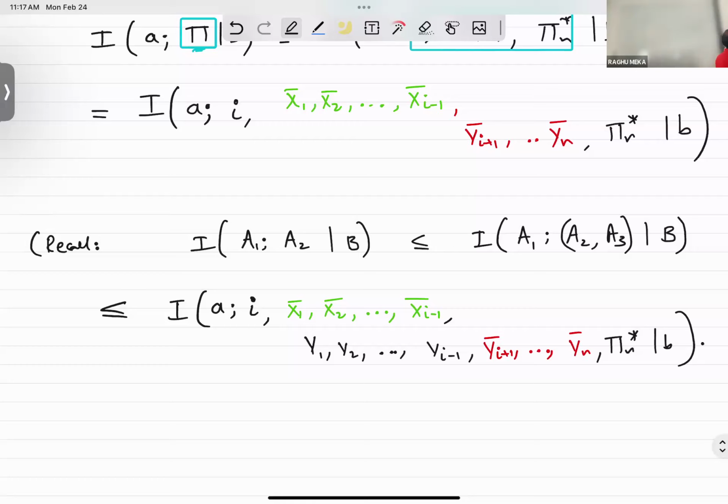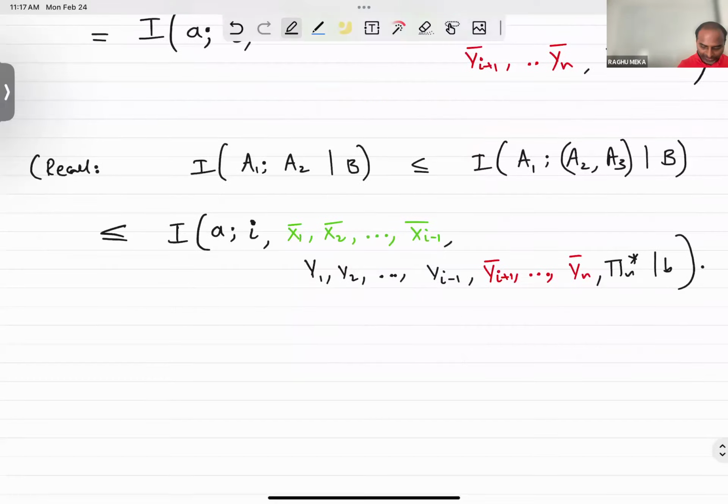This was not public random. This is only Bob knew, but I'm just adding that in. So to measure the mutual information, it should only increase it. So if you upper bound this quantity, then I'll also get an upper bound on the original thing. All right. So how do we do this?